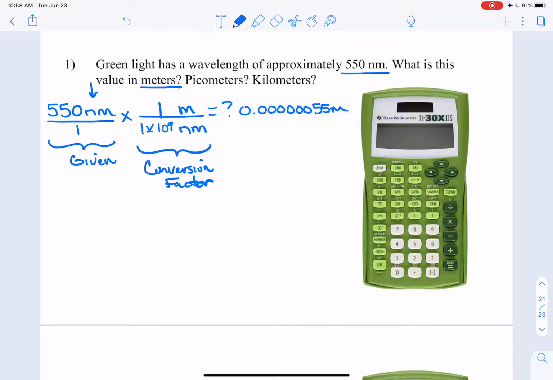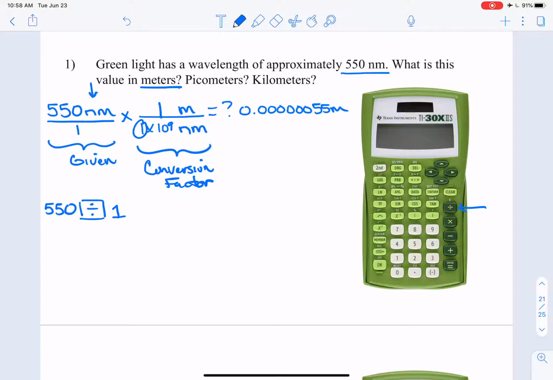But how on earth did I get that? Well, I'm going to show you with the calculator to the right. So what I would type in is 550, and then I would do the division button, which is right there. And then what you want to do is 1, and that's that right there.